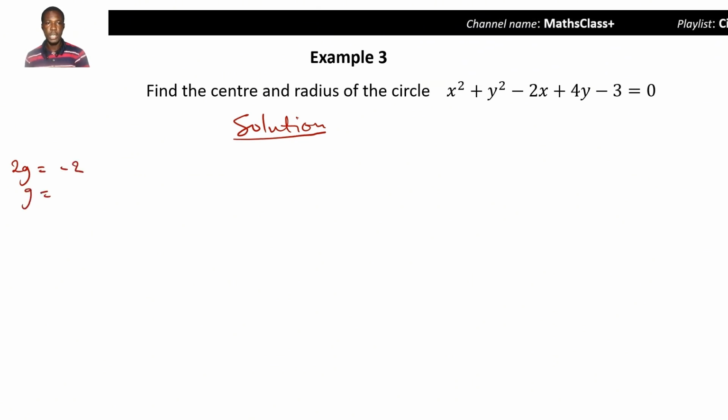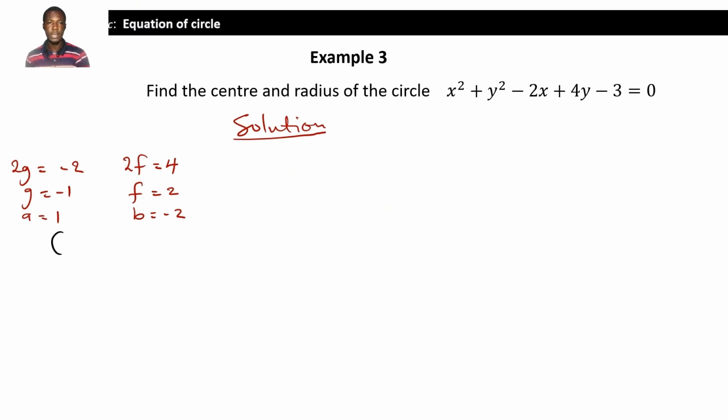So g is negative 1 and a will be equal to positive 1. Then we have 2f to be equal to 4, f will be equal to 2, and then our b will be equal to negative 2. The center of the circle is 1, negative 2.